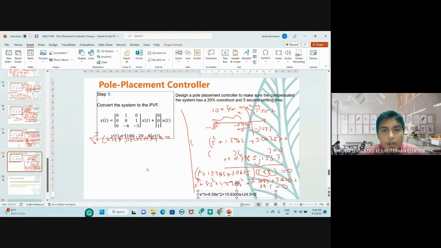So now you have this equation, and then you can compare to this equation.